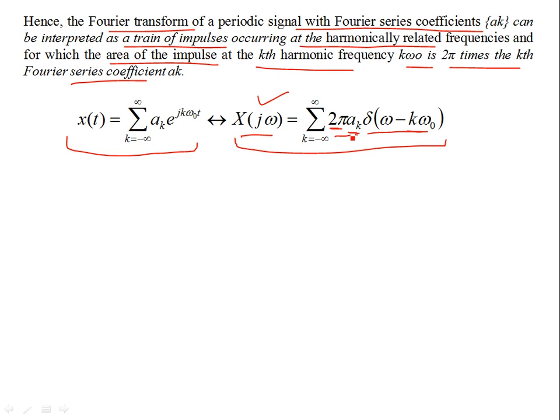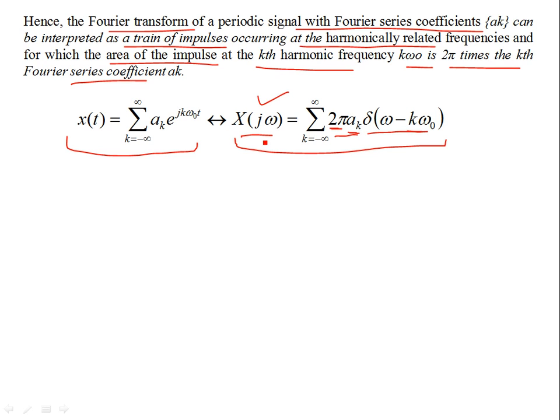Again, Dirichlet's conditions for convergence are sufficient, but they are not necessary. So for functions which are not absolutely integrable or which don't have finite energy, that doesn't mean the Fourier transform doesn't exist. It will exist, in terms of impulses. And you can show this in a reverse manner. So that's what we have done.